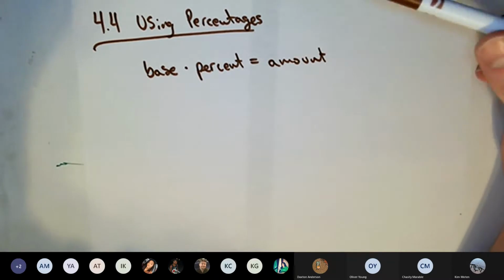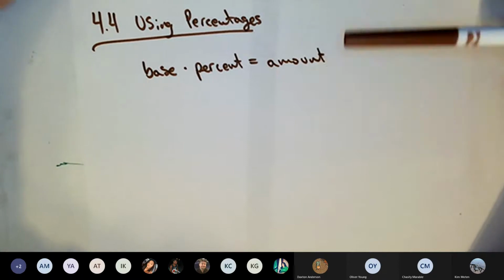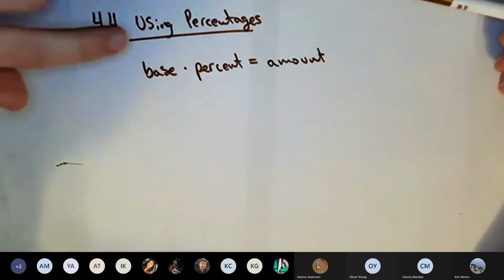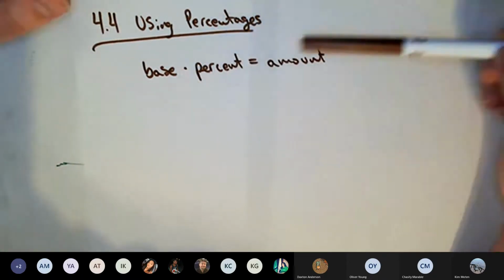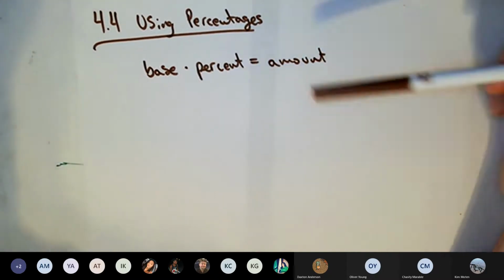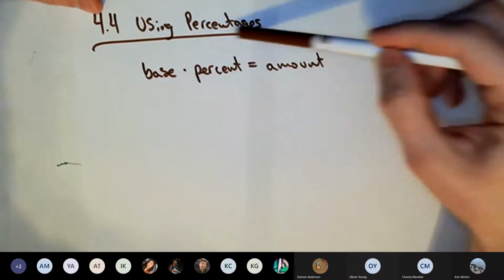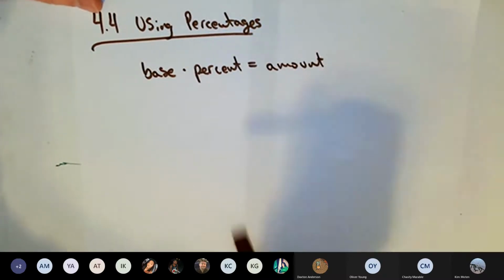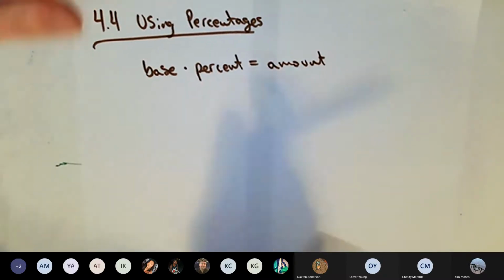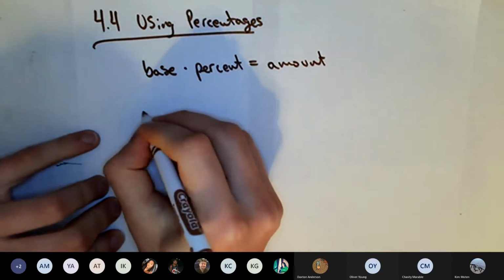But the problems where they're asking me to work the problem in reverse and find the base instead, or maybe even find the percent instead, then it's helpful to have this mathematical relationship between these numbers written down.